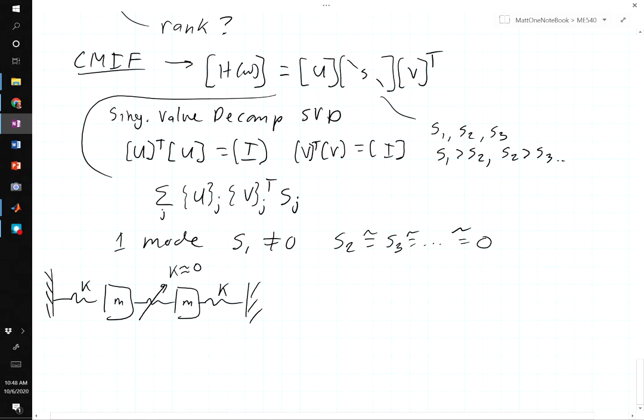If we do that, the two masses are uncoupled, and actually the modes can be anything we want them to be. But we can show that one valid set of modes is still the set that we had before. So where the first mode vector is 1, 1, and the second mode vector is 1, minus 1.